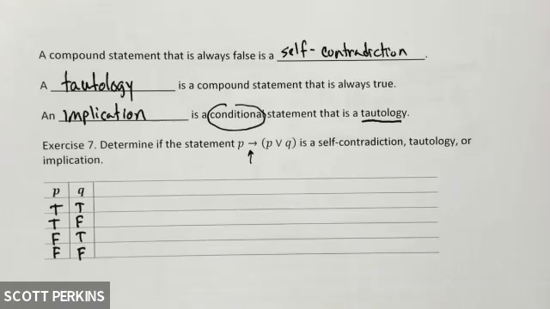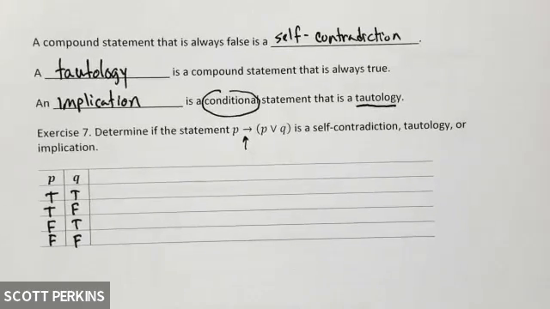Just to give you a little hint, you should have 2 columns to do this. You have a column for the parentheses, and then a column for the conditional statement.